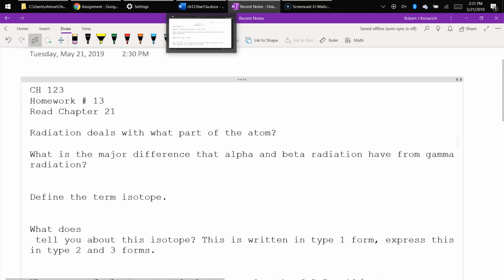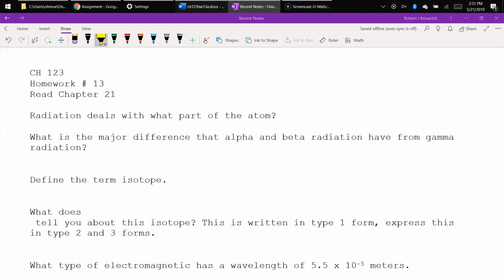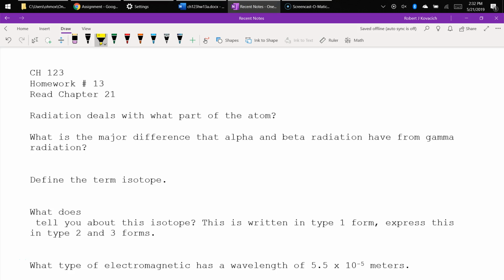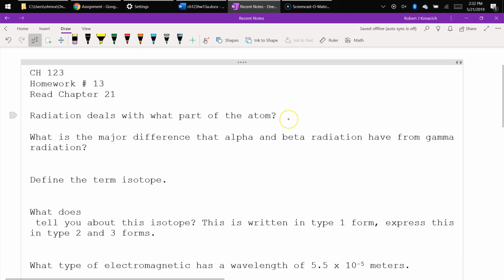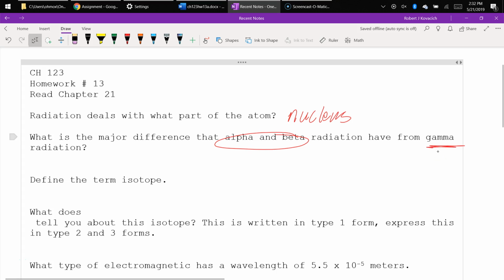Okay, what's the answer for this first one here? Nucleus. All right. What's the major difference that alpha and beta have over gamma?